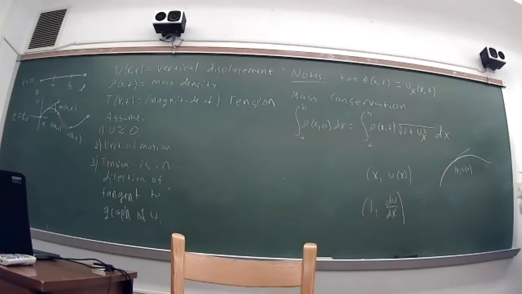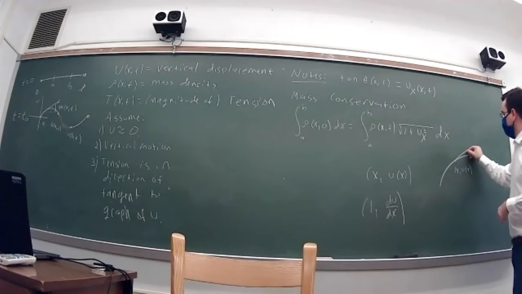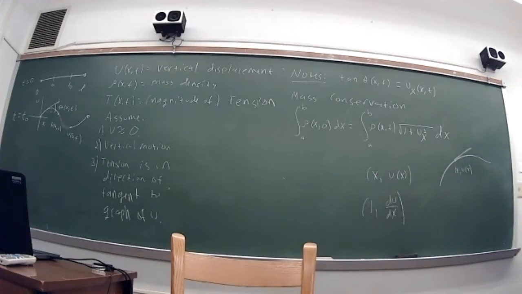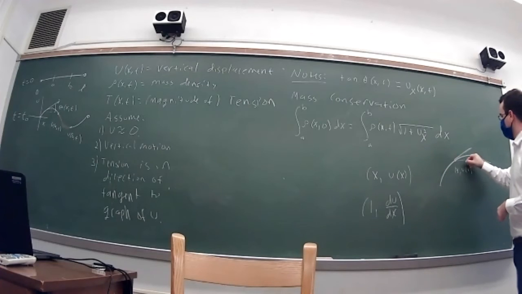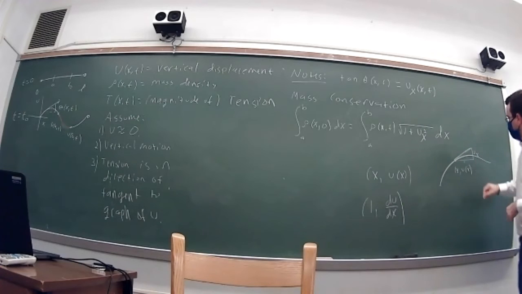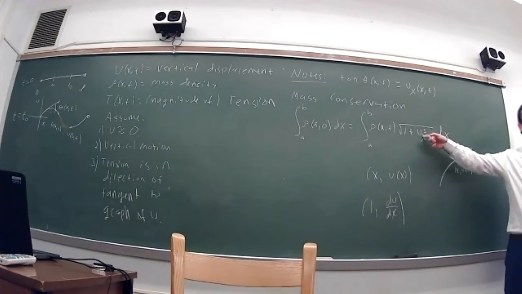So take such a tangent line, and then you're just asking, what is this length? And basically, you go over 1 unit, and you go up u_x units. And then by the Pythagorean theorem, you do it.